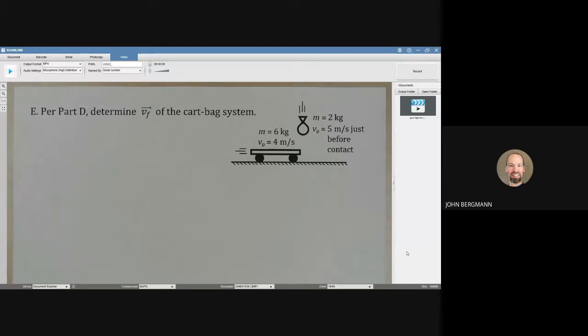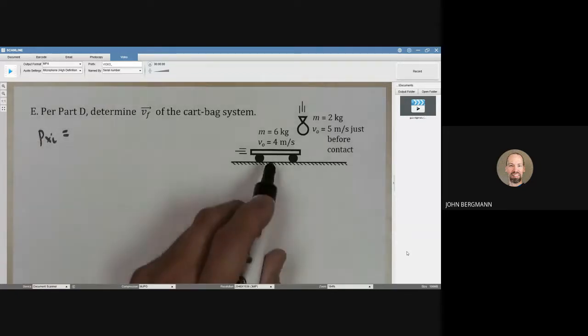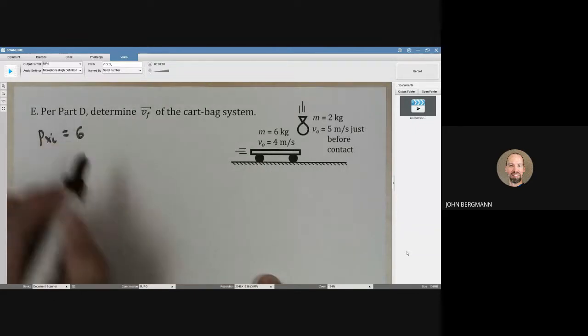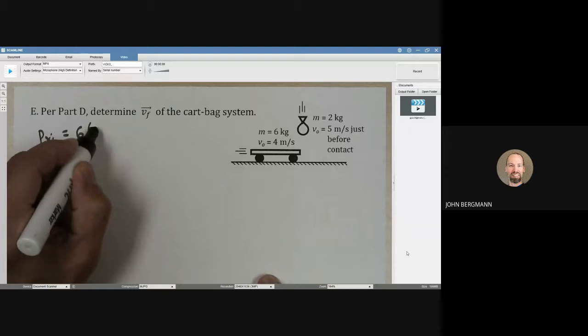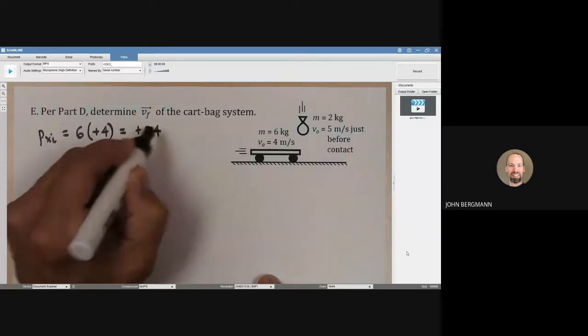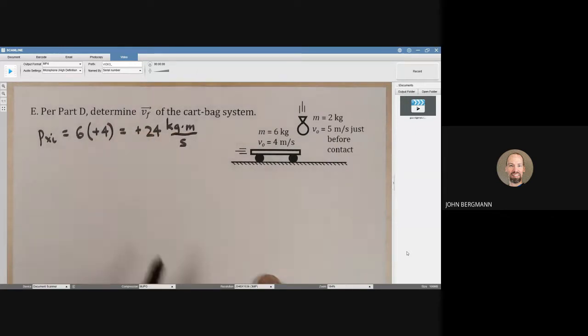Momentum is going to be conserved in the x direction. So let's find the initial momentum in the x direction. That is due entirely to this moving cart. So we have the mass of the cart times the velocity, we'll say that's positive, 24 kilogram meters per second, and that is the momentum to the right.